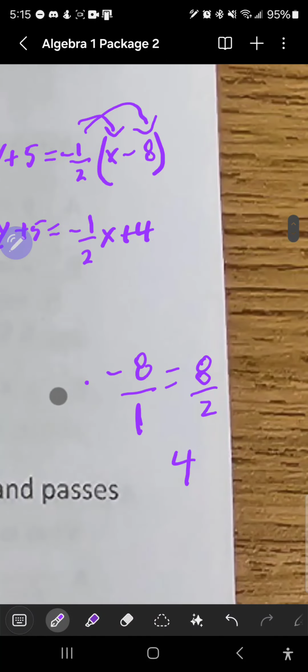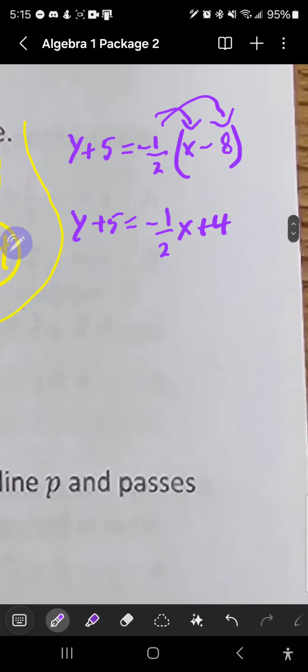Now we subtract 5 from both sides. So we get y, 5 minus 5 is 0, so y equals negative 1 over 2x. And 4 minus 5 is going to be negative 1, because they have different signs.